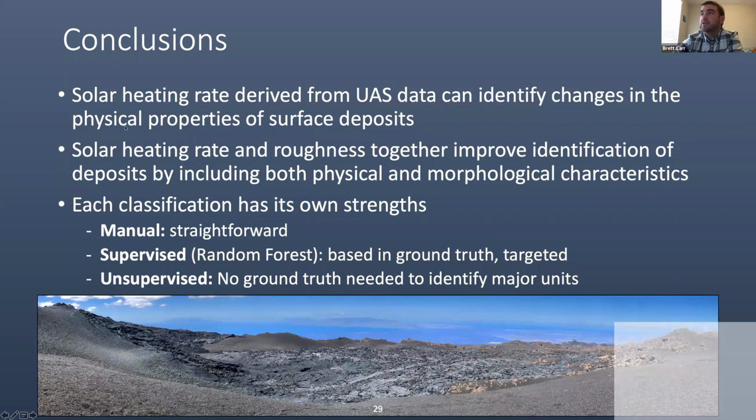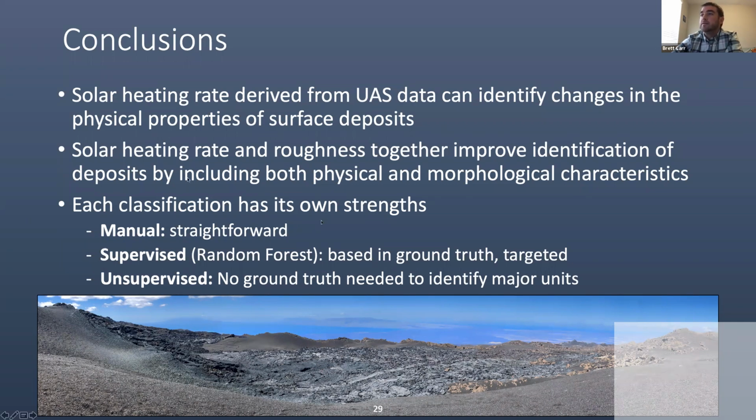The solar heating rate is also going to be more sensitive to changes in particle size compared to topography-derived roughness data. And so you can see subpixel variations in particle size with solar heating rate, whereas for roughness derived from DEMs and visual data, you can only measure particle size variations or block sizes on the scale of the resolution of your data, of your pixel size.